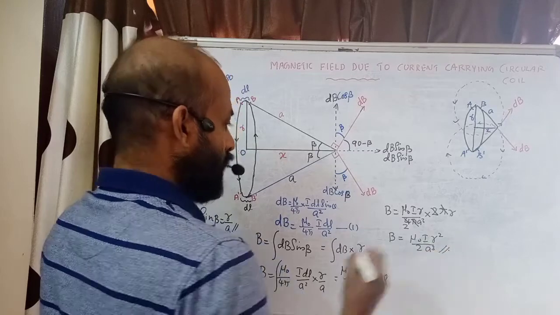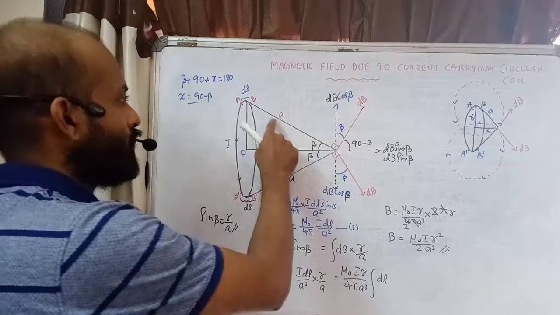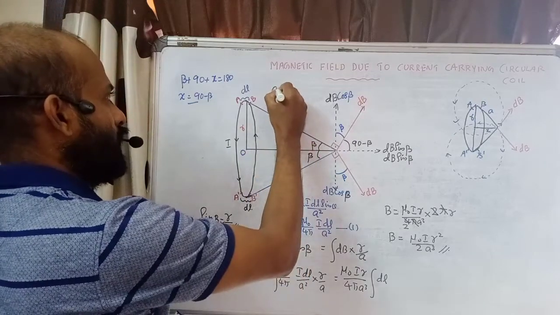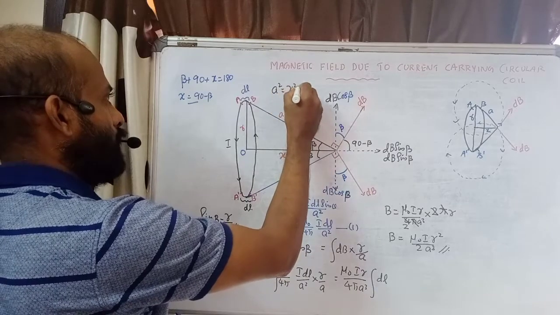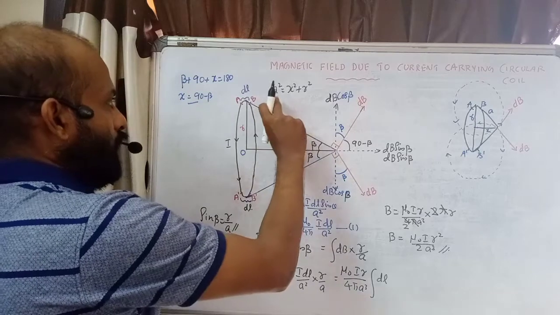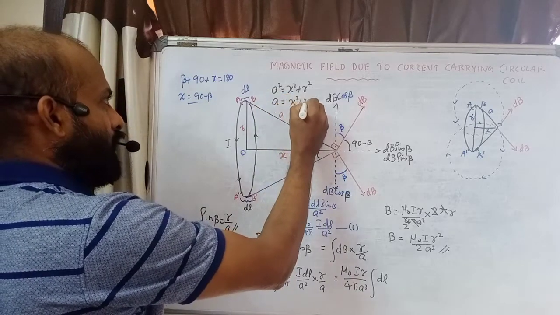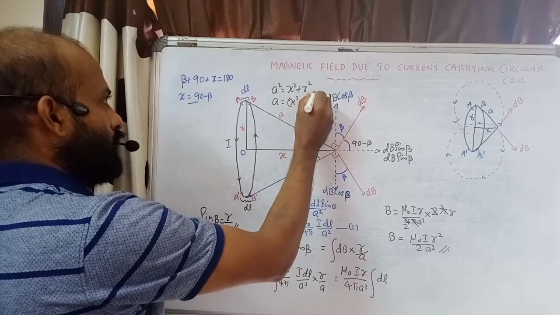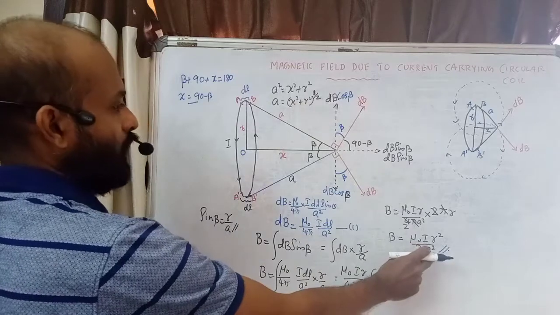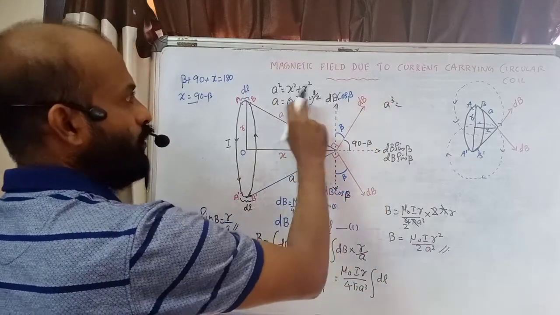Now we need to convert this a. By Pythagoras theorem, in this triangle you can see a square is equal to x square plus r square. Now what is a? A is equal to x square plus r square raised to 1 by 2. We need a cube here. Now what is a cube? We can say a cube is equal to the cube of this.